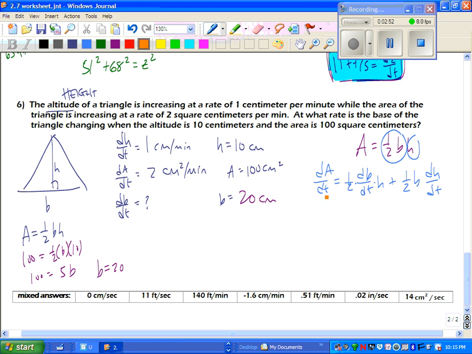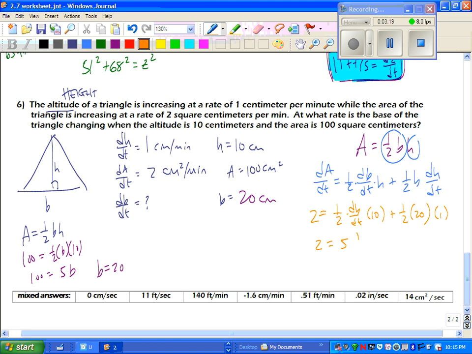So now all we have to do is substitute the values, and then we know dA/dt is 2. Then we get that's equal to 1/2 times dB/dt, which we're trying to figure out, times the height, which is 10, plus 1/2 times b, which we figured out was 20, times dH/dt, which is just 1.